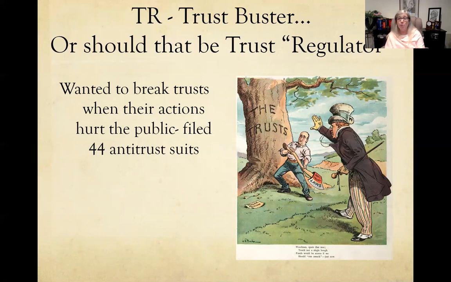Now, if there is a business that is the only one in that particular market segment, why would you break it up? If they've come into being the most powerful company and all of the other businesses get absorbed by it, but they've done it by fair means and not through predatory pricing, Roosevelt doesn't want to destroy those, because Roosevelt also looks at the production coming out of these companies, right?